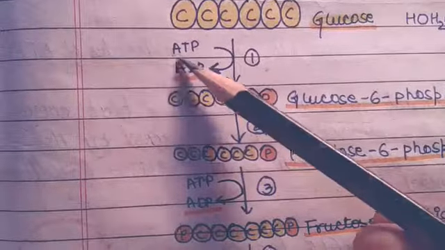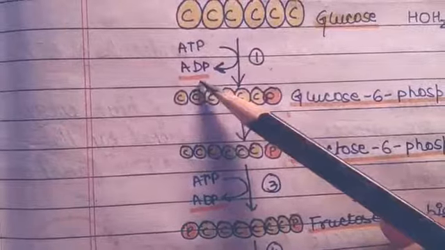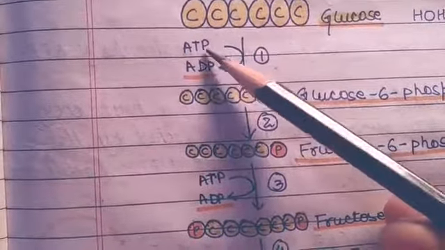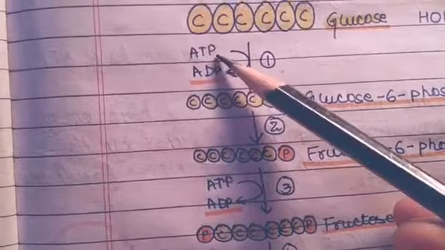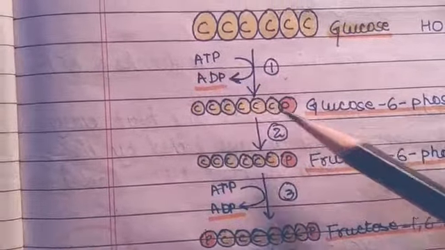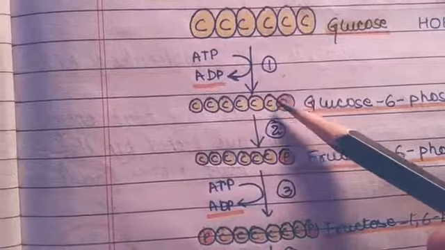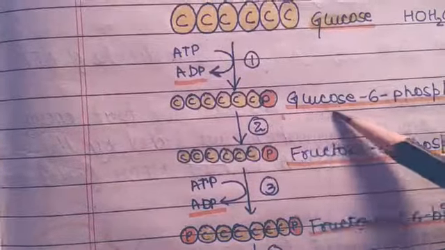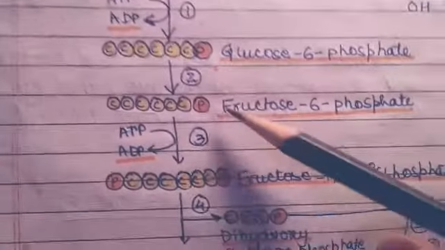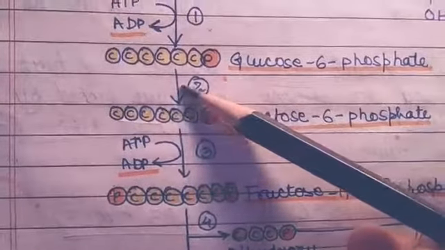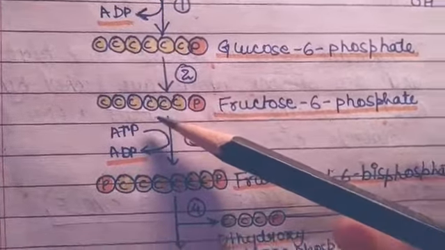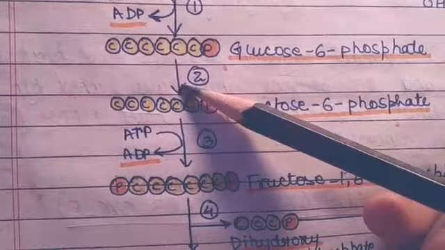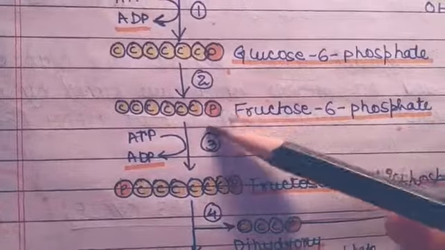Here 1 ATP is utilized and gives rise to 1 ADP, and the 1 phosphate released from the conversion of ATP into ADP is added to the sixth carbon of the glucose, and the glucose 6-phosphate product is formed. From glucose 6-phosphate, fructose 6-phosphate forms with the help of the enzyme called isomerase.